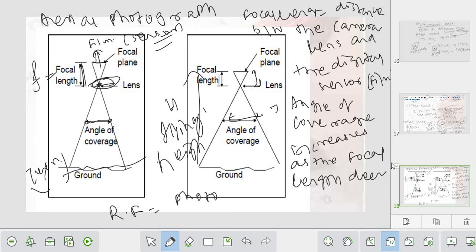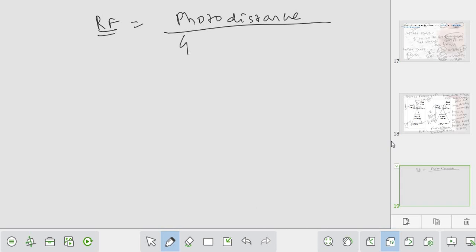So RF also can be represented as, क्या लिख सकते हो? एक तो लिख सकते हो फोटो डिस्टेंस बाय ग्राउंड डिस्टेंस, ये लिख सकते हो RF. और क्या लिख सकते हो सेम टाइम? लेट मी ऐड. ओके, पहले RF क्या हो गया आपका? फोटो डिस्टेंस ओवर ग्राउंड डिस्टेंस, ये सुनो वहां पे.